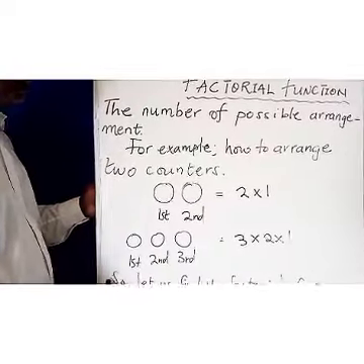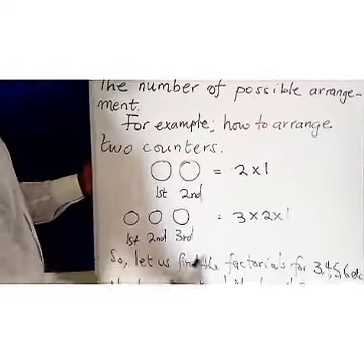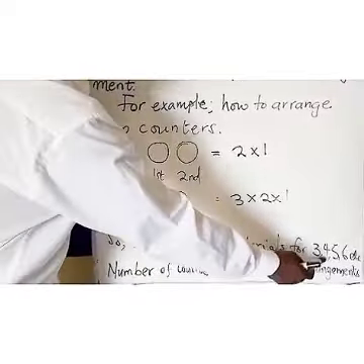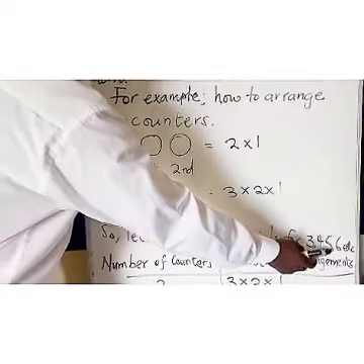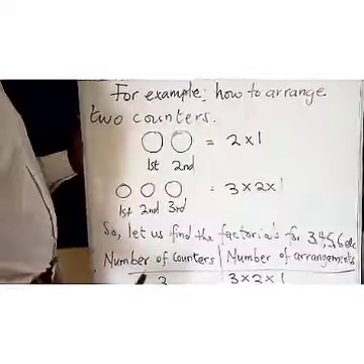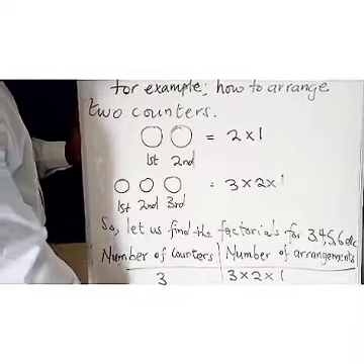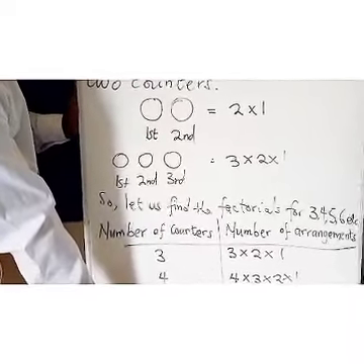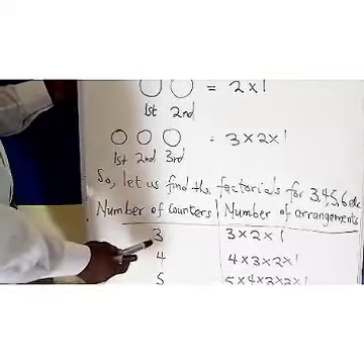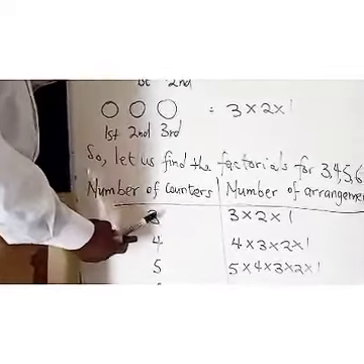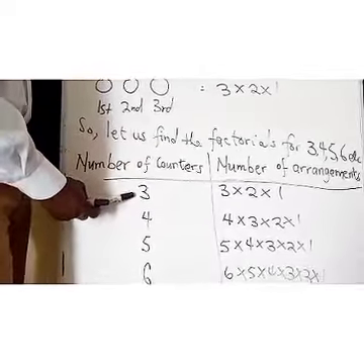Now let's find the factorials for these objects: 3, 4, 5, 6, etc. These are the number of counters. So now we find the factorial function of these 3 counters.